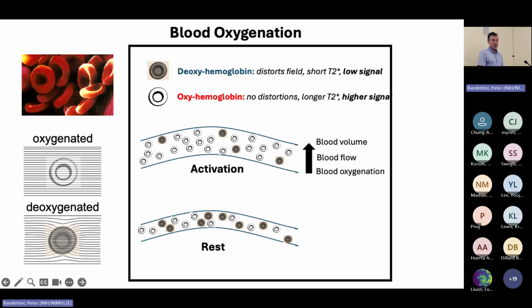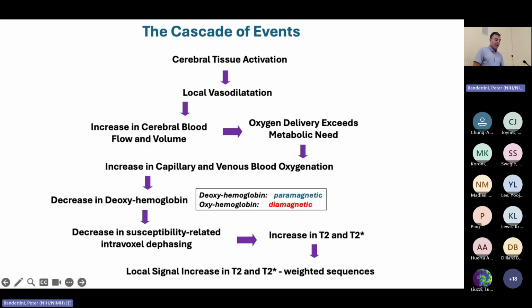So during rest, you have some sort of signal that's down. During activation, you have less deoxyhemoglobin present. So flow, volume, and oxygenation go up. And I showed this chart before. This cascade of events: cerebral tissue activation, vasodilatation, an increase in cerebral blood flow and volume. The oxygen delivery exceeds metabolic need. I talked a little about how we still don't know exactly why it should do that, but it's mostly either to deliver the oxygen if it's diffusion limited, or to remove waste.